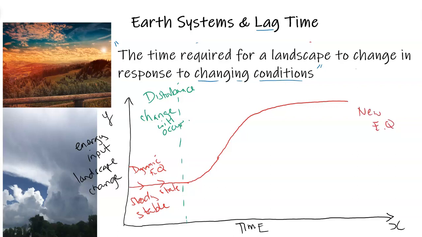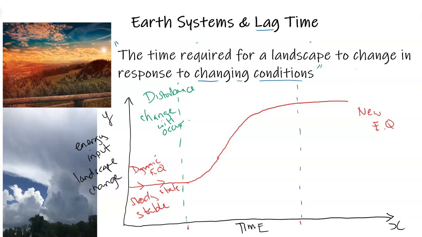So this could be unstable, it could be metastable. And the disturbance is going to happen, and over time, from here to here, let's put another, let's do a purple one. There we are.